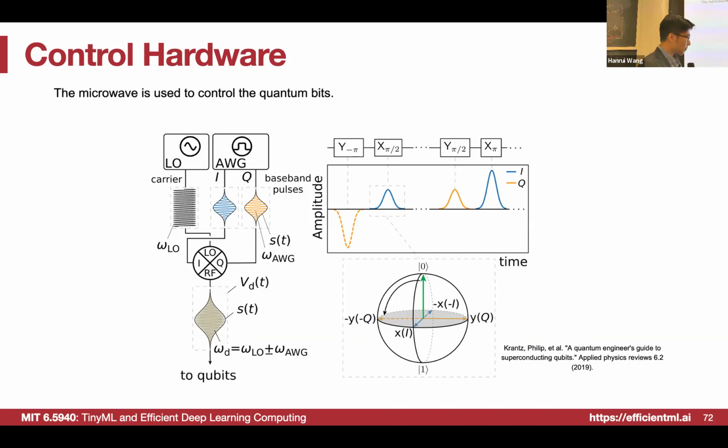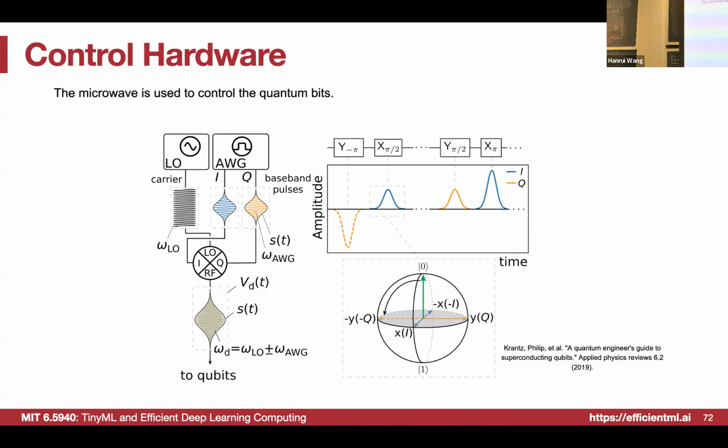The carrier's frequency is always similar to the drive frequency of the qubits, so that we can resonate with the qubits to change the state. Here we can see several different gates, like the amplitude of Y is like this, and then we have X gate and also Y gate, X gate.